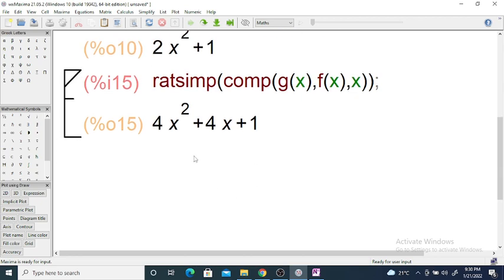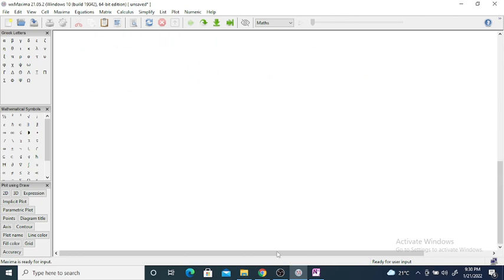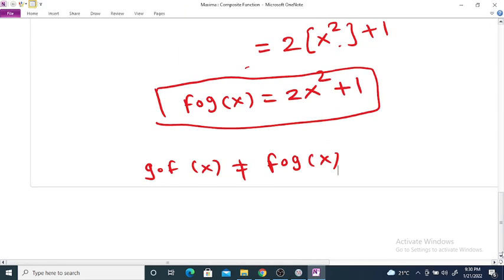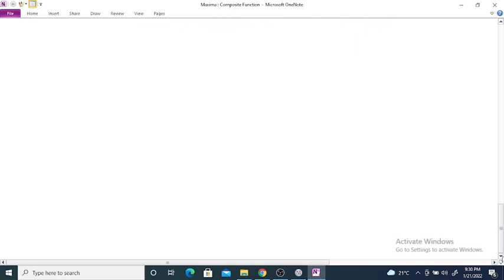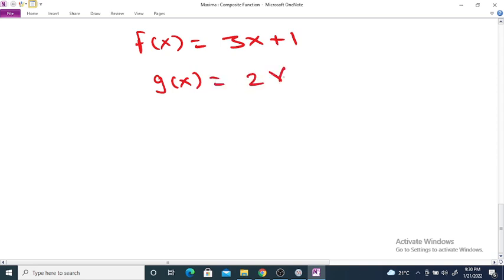You can also take one more example. Suppose f of x is equal to thrice x plus 1 and g of x is equal to 2 root x.